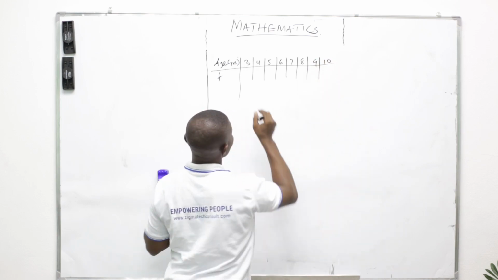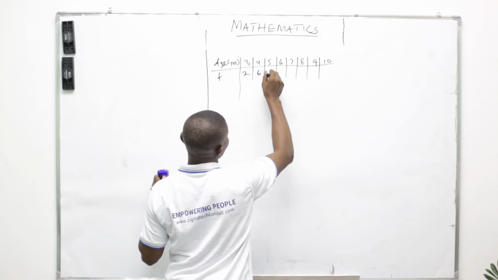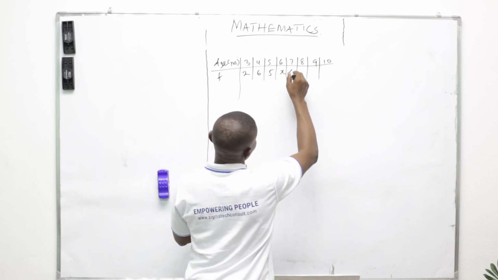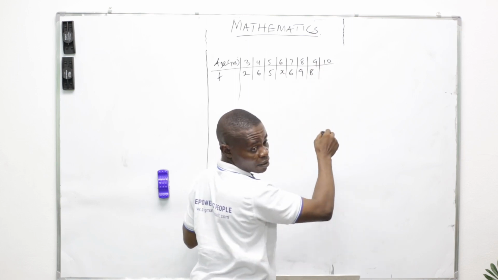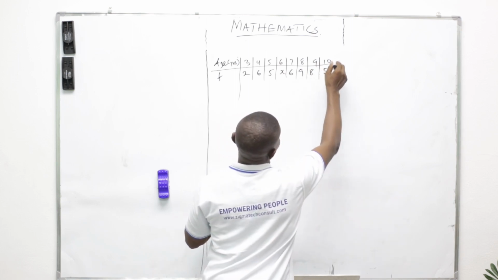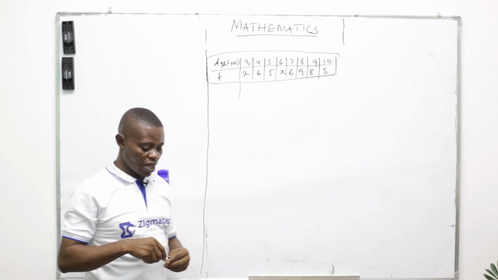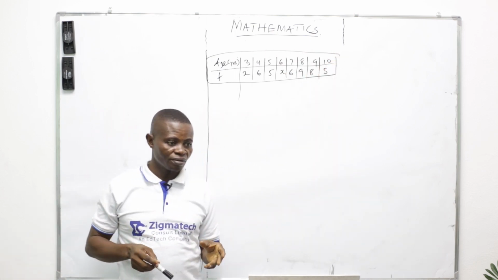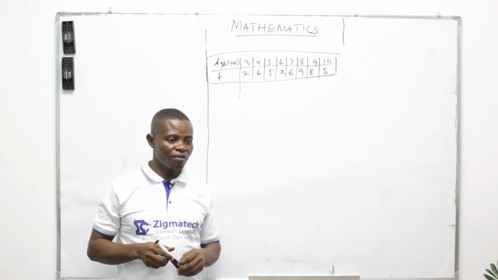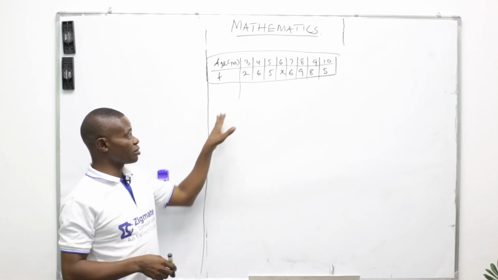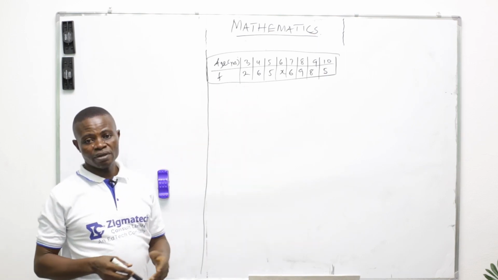So 2, 6, 5, x, 6, 9, 8, and 5. Good. This is a statistics question. Our interest here is to find the value of x, but you were told that the mean is 7. You ask yourself, what is mean?